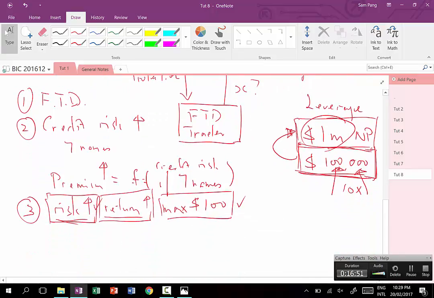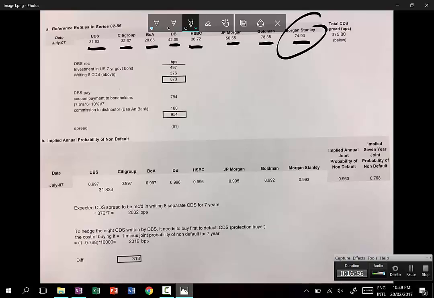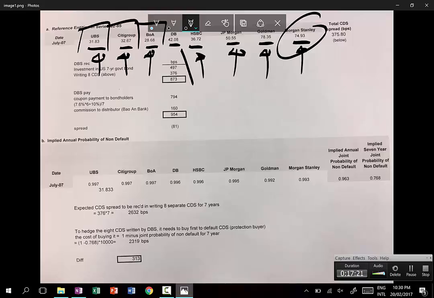Now in that case, I ask you, if these are the individual spreads of the entities, should you really be paid just the sum of all of them added together? No, I don't think you should, because you would be paid the sum of all these if you are really taking on the risk of losing $700 when all of them, let's say all of them go bankrupt.